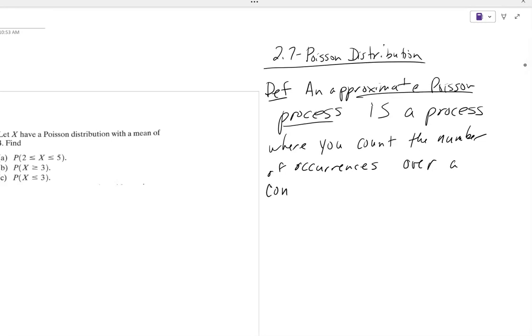Well, I say time interval. It doesn't have to be time. It just needs to be a continuous interval. And we need the following properties.